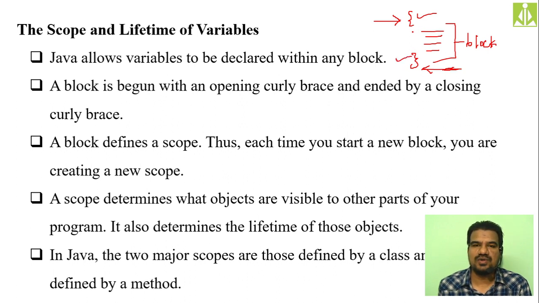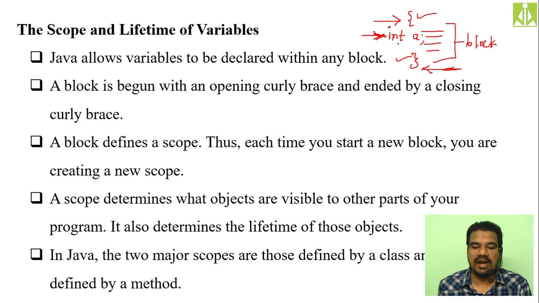And suppose you are creating a variable within this block, let us assume here we are creating a variable like int a. Now what will happen? The variable lifetime or the variable existence will start from this point where you are declaring and defining the variable. From that point onwards, the variable existence will start.